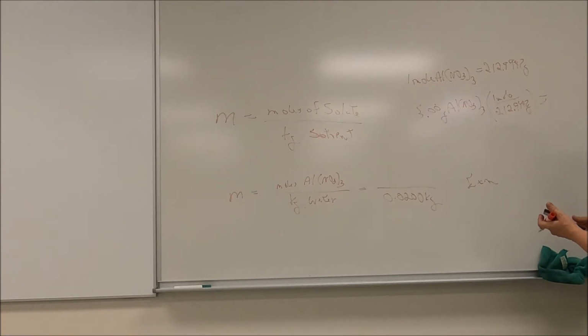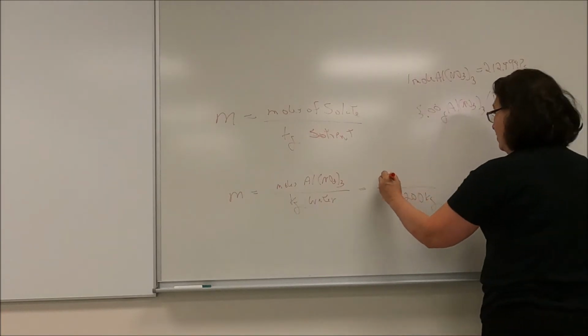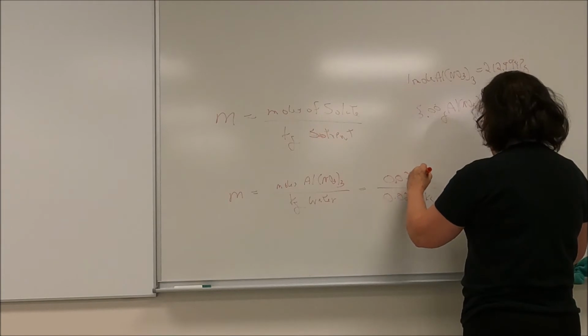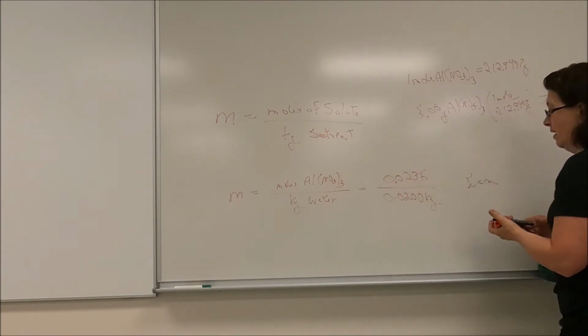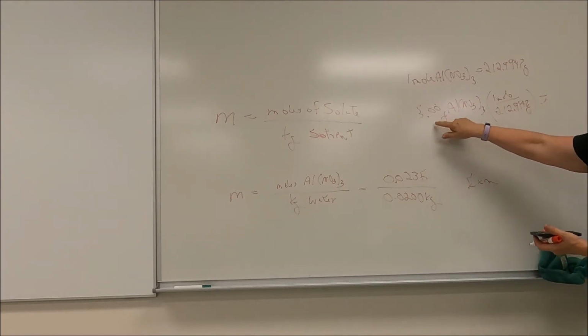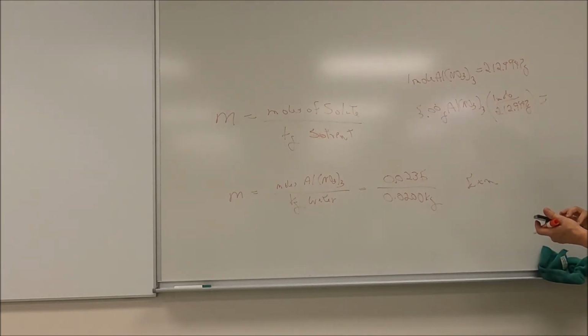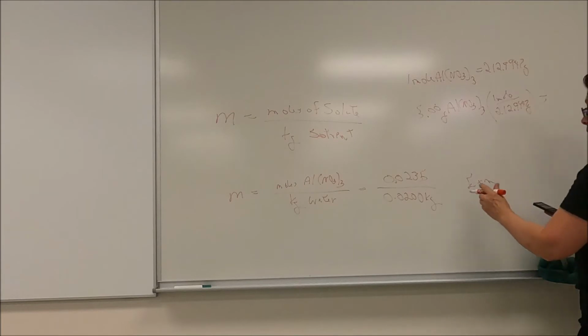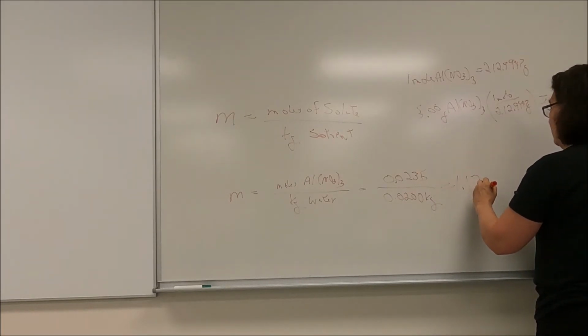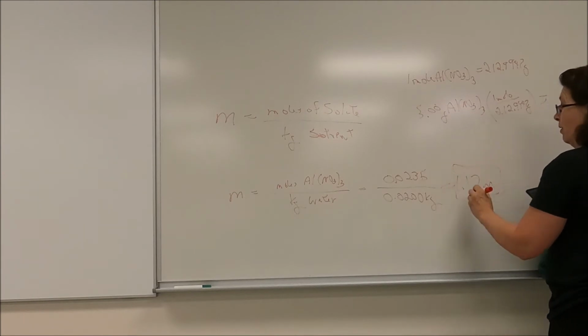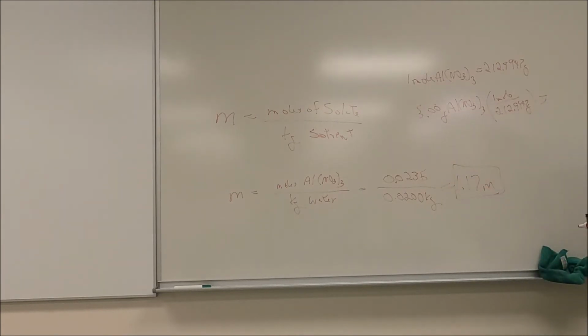Okay? So that would give me 0.0235. I'll go 3 significant figures. Only had 3 there. And divide that by 0.02 would give me 1.17 molal solution. Okay? So remember how to calculate molality.